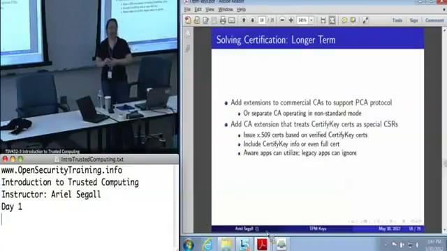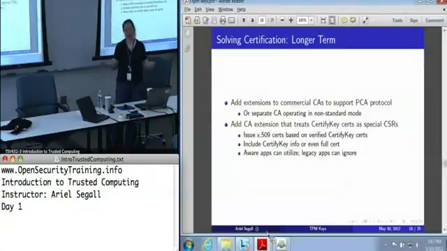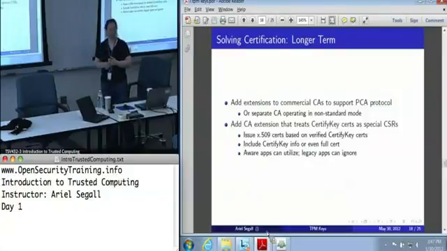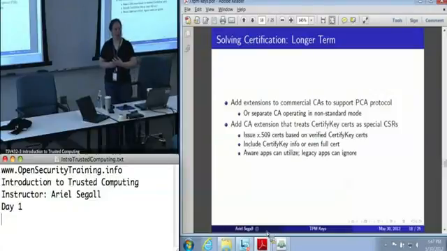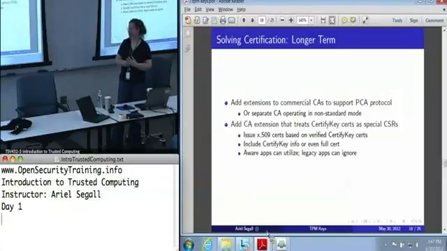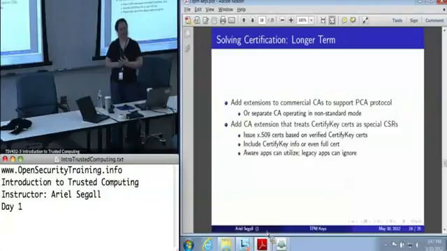There are some folks talking to CA vendors sometime this summer about potentially getting these integrated. We'll see how that goes. There exists a PCA that has been implemented at, I think, OpenCA or OpenPCA, something like that. It is a privacy CA that will run the privacy CA protocol for absolutely anybody who comes along. They will even let you download their code, but realistically, most enterprises don't want an open source CA they found on the net.